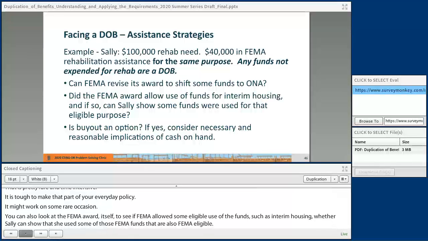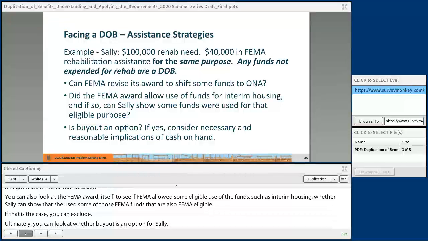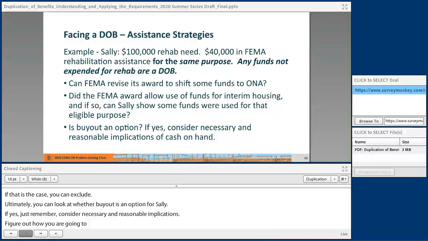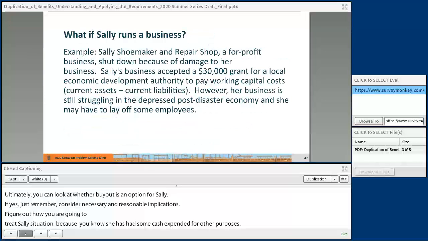And if yes, remember to consider necessary and reasonable implications and figure out how you're going to treat Sally's situation, because she's had some cash that she expended for other purposes. As long as she doesn't have it on hand, you can do some consideration of whether she expended it for other purposes, but you need to think through a strategy for how you're going to deal with that if you go with the buyout option.